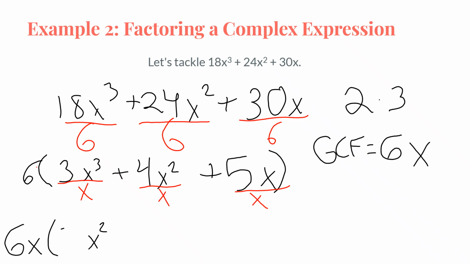Remember, the coefficient stays the same because we already did the coefficient. X squared divided by x gives us x plus x divided by x gives us 1. So we're just not going to put it right there. So my final answer would be 6x times the trinomial, which is 3x squared plus 4x plus 5.